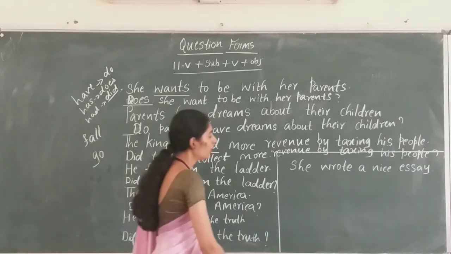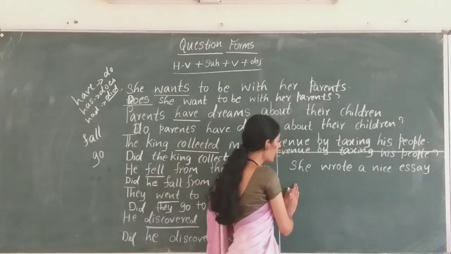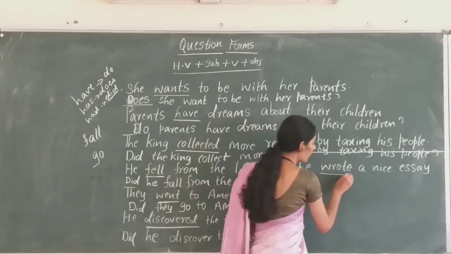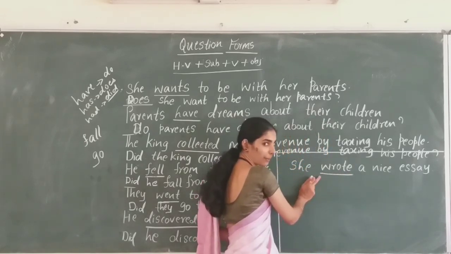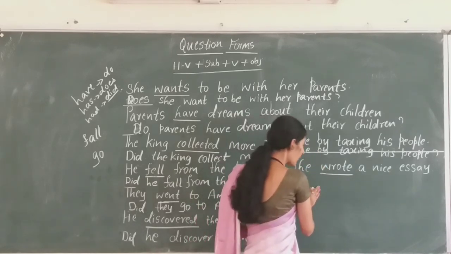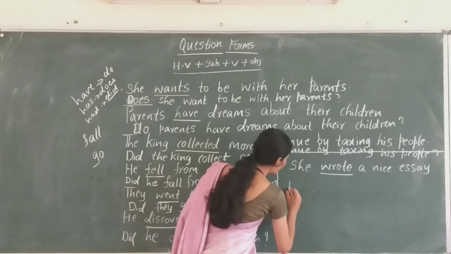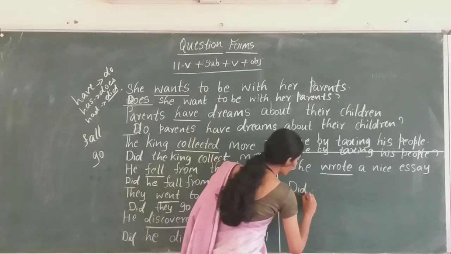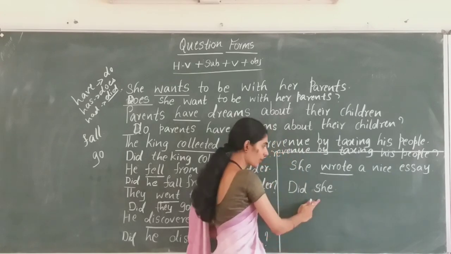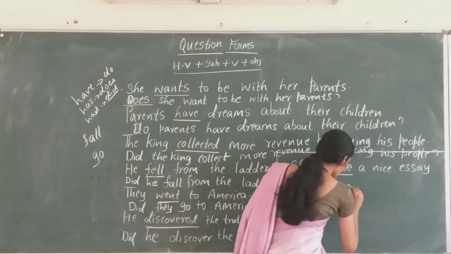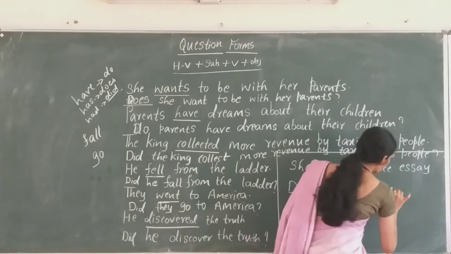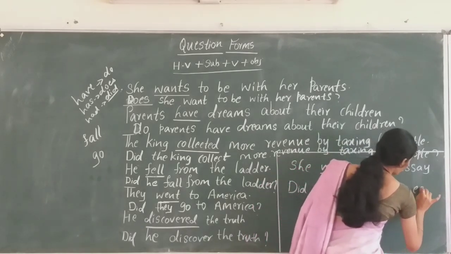Okay. Look at the last sentence here. She wrote a nice essay. So here the main verb is in the past, right. So wrote, the present form of wrote is write. So it becomes did she write a nice essay?